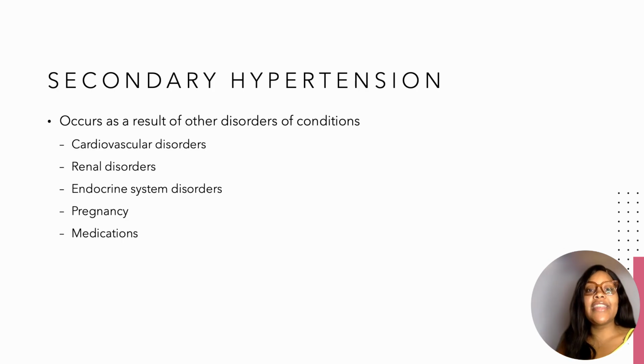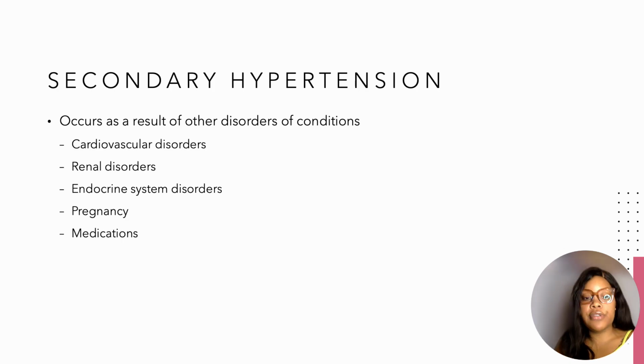All right, so secondary hypertension, this is a blood pressure that is caused by an underlying condition or factor. So this patient's blood pressure is going to be high because of something else, right? So if the patient has cardiovascular disorders, that could cause their blood pressure to be high. This would be considered secondary.